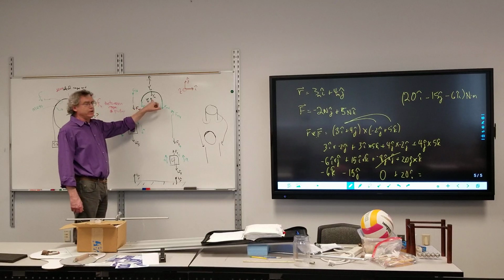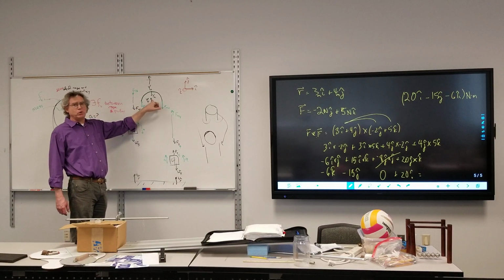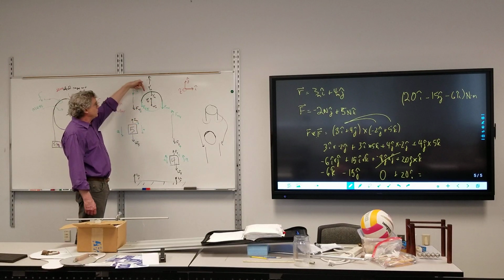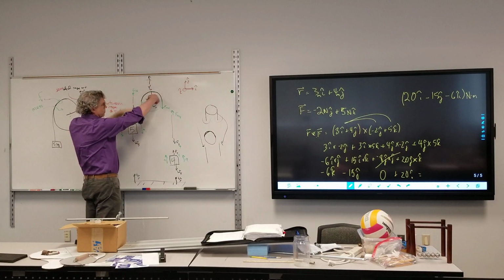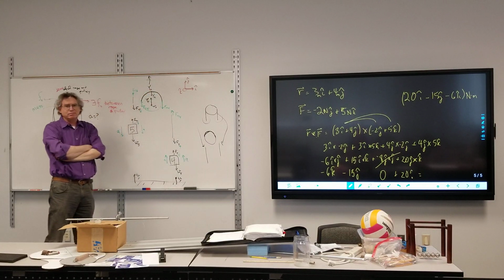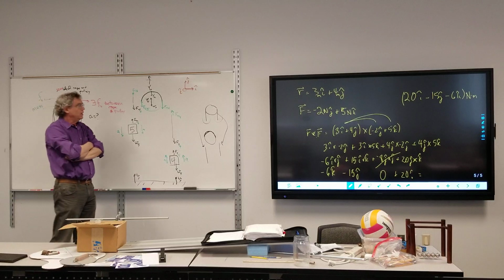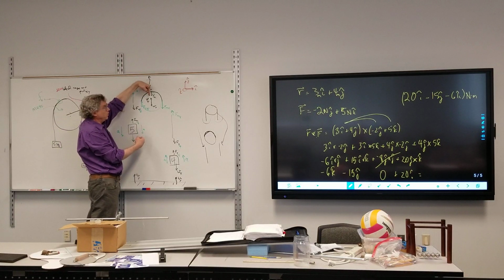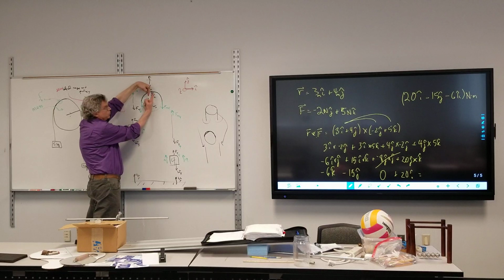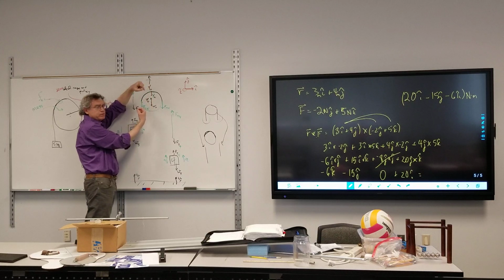This normal force holding up the pulley, also no torque. This force acting down would basically be pointing towards the center, no torque, because r would be this way and the force would be that way. They are anti-parallel to each other, so the cross product is 0.